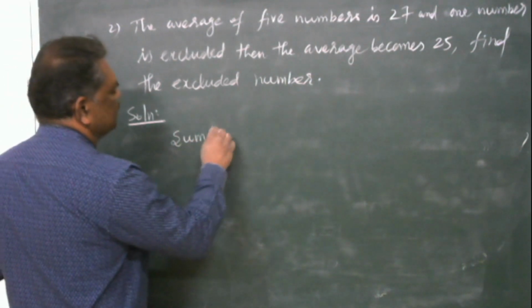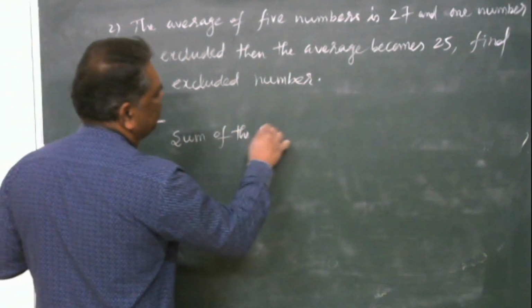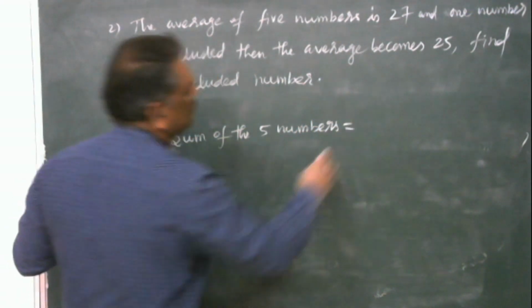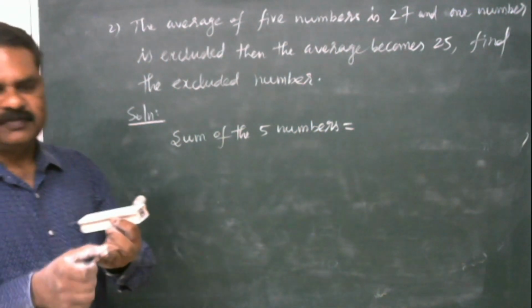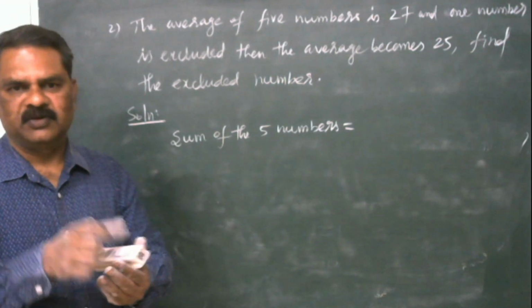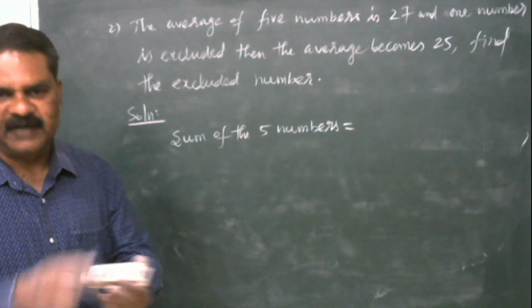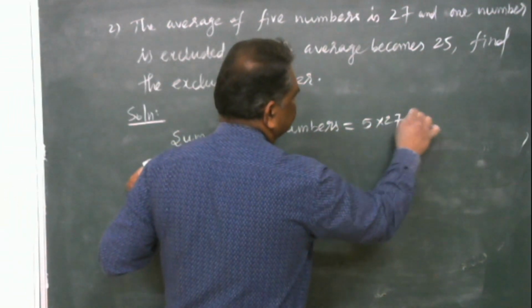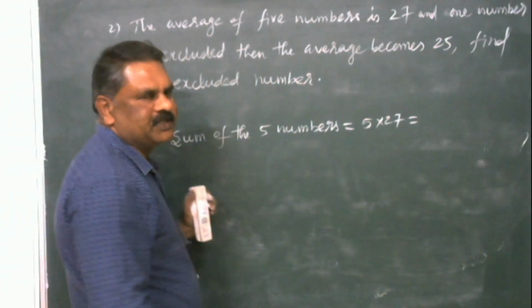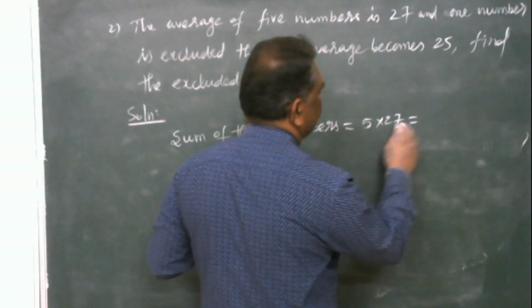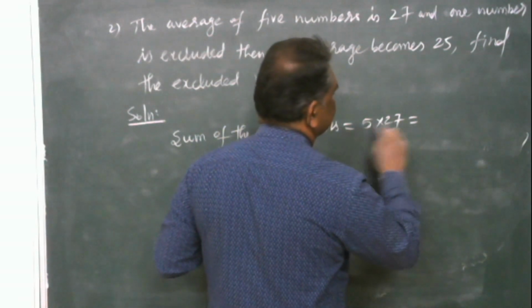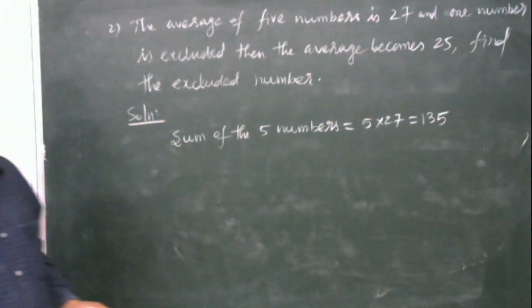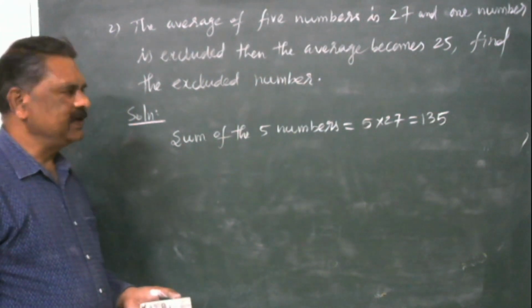The sum of the 5 numbers is equal to 27 taken 5 times, so 5 into 27. How much will it be? 5 twenties are 100. 5 sevens are 35. So 135.